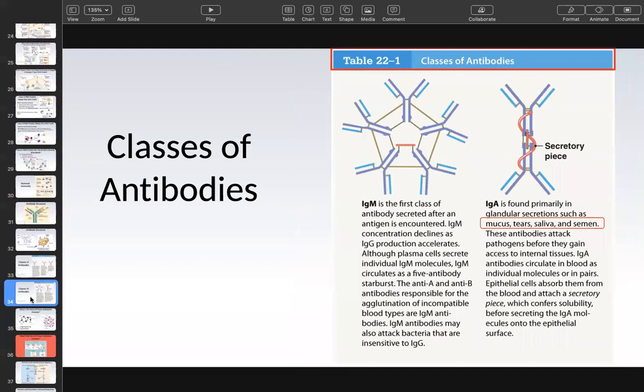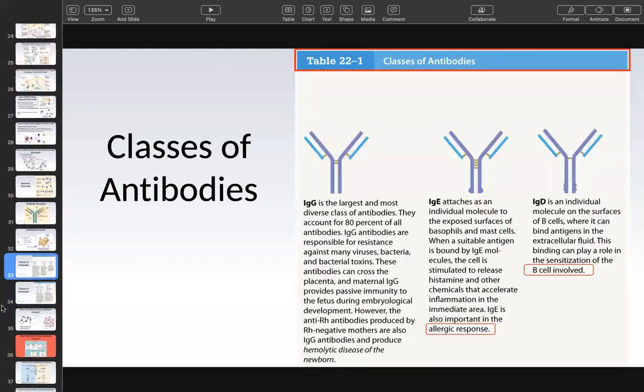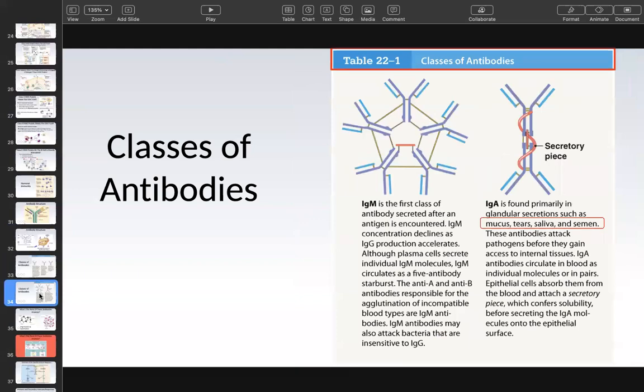IgM is the class that is secreted first, followed by IgG. IgM is the antibody that we will detect in a more recent exposure to a pathogen. IgA is the antibody class that's found in glandular secretions such as mucus, tears, saliva, and semen.